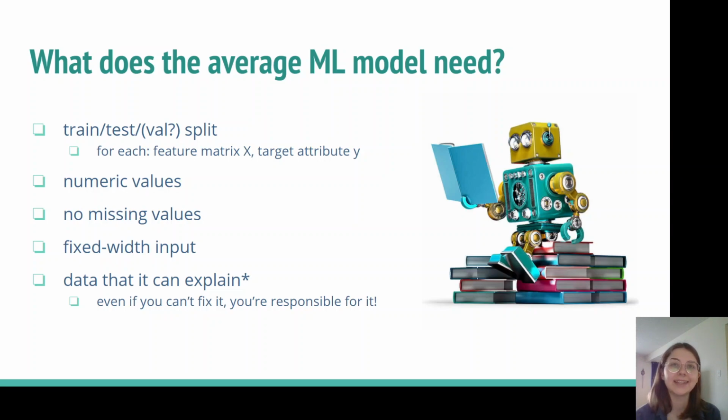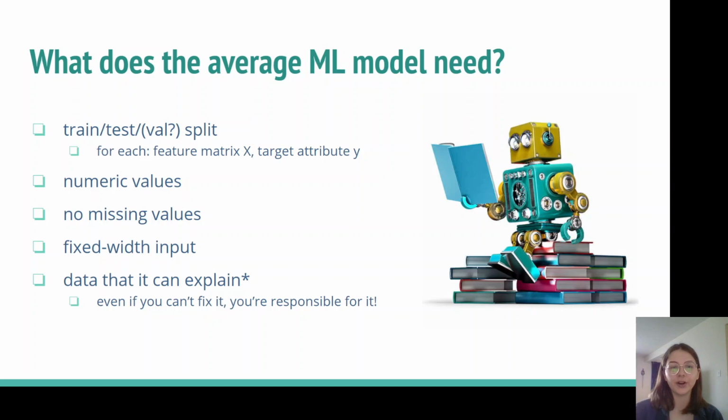It's very difficult to compress all of that longitudinal information into a fixed width vector, but we need to do it. And another thing is, if we've chosen a machine learning model, we need data that the model can explain. This was covered in previous lectures and potentially workshops.